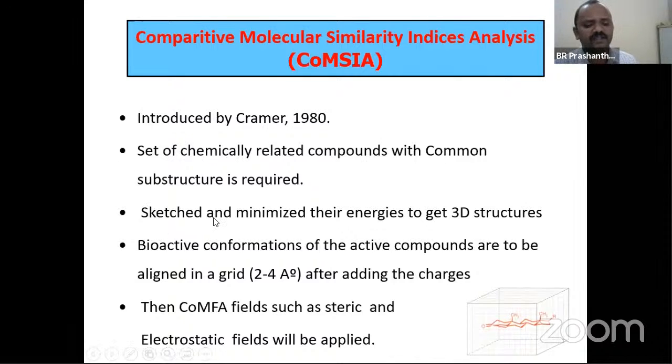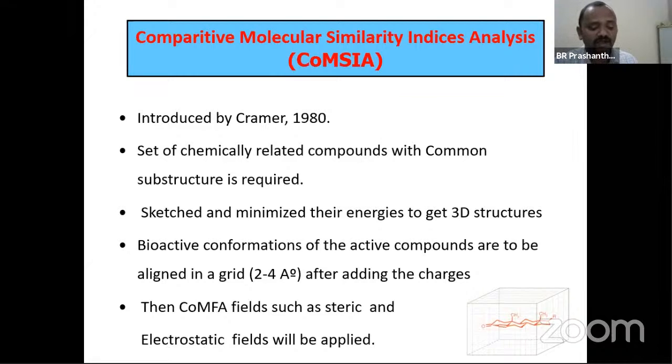When we sketch them, it is only a two-dimensional structure, and after sketching the molecules, we need to minimize their energies.